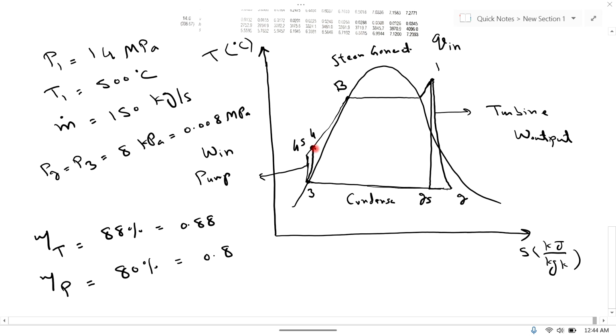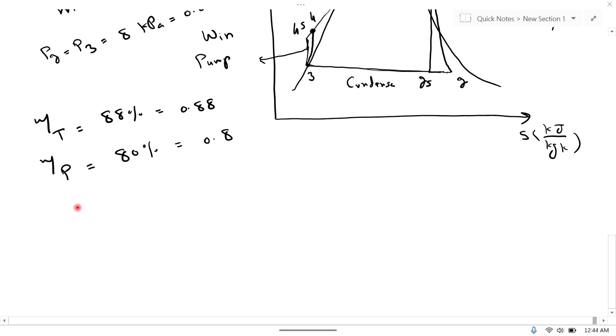From the end of the pump to the steam generator, the total pressure drop is 0.6 megapascal.